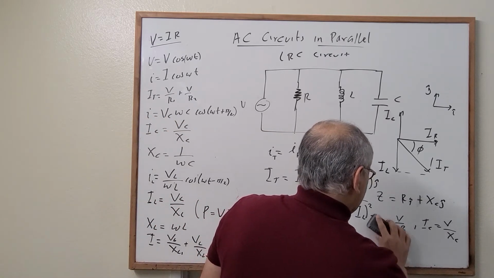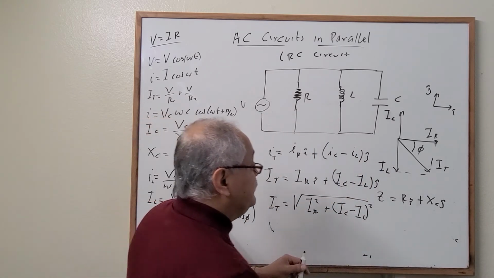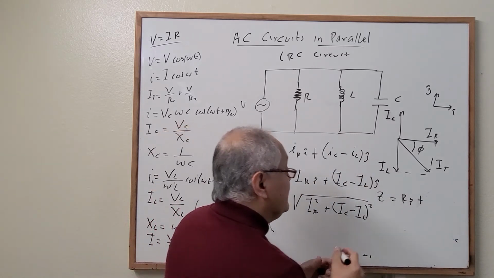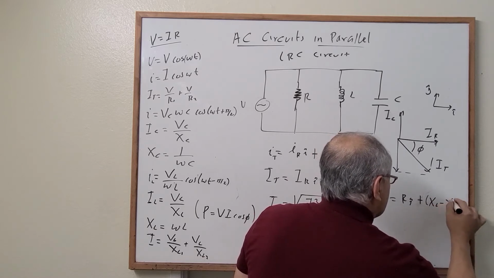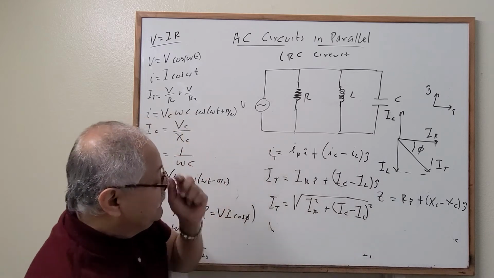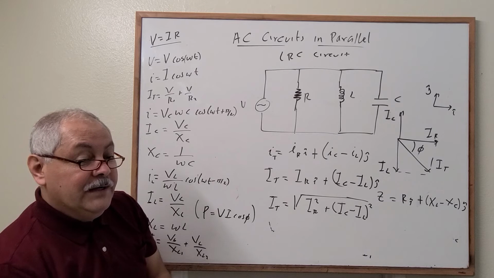Perfect. The same thing happens to the impedance, right? This equals the impedance of the inductor minus the impedance of the capacitor, J hat. Correct? Perfect.